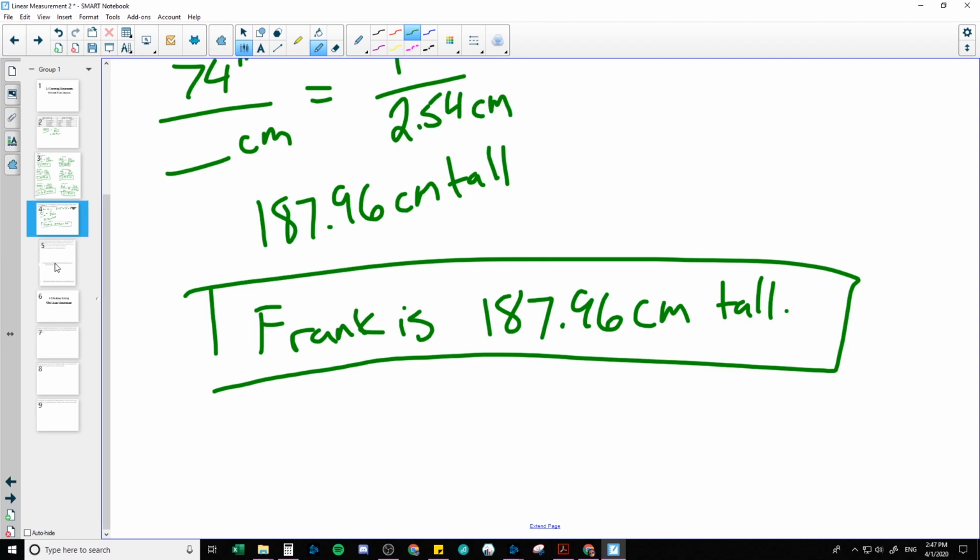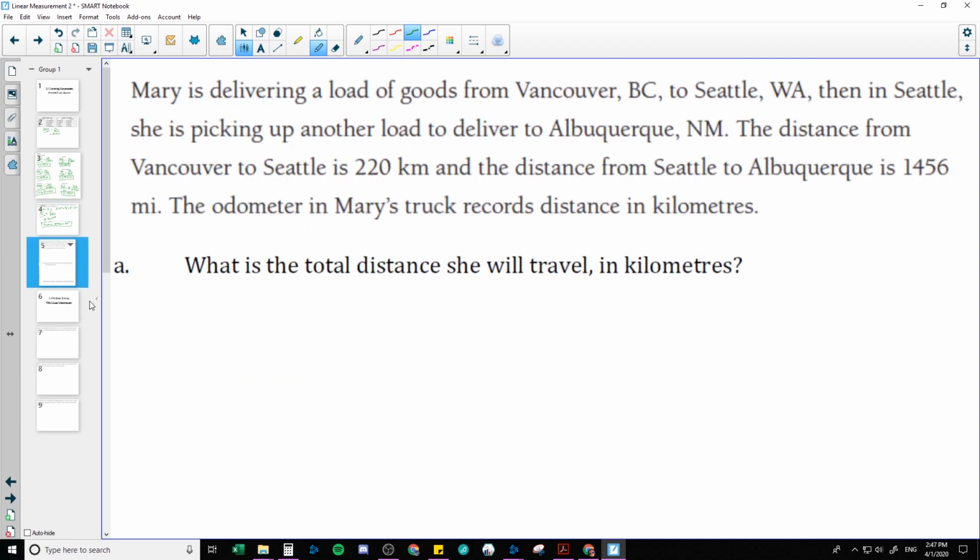All right, next question. Mary is delivering a load of goods from Vancouver, BC to Seattle, Washington. And then in Seattle, she's picking up another load to deliver to Albuquerque, New Mexico. The distance from Vancouver to Seattle is 220 kilometers, and the distance from Seattle to Albuquerque is 1,456 miles.